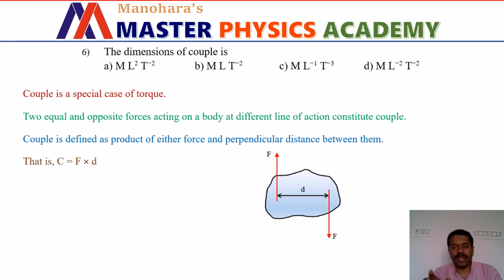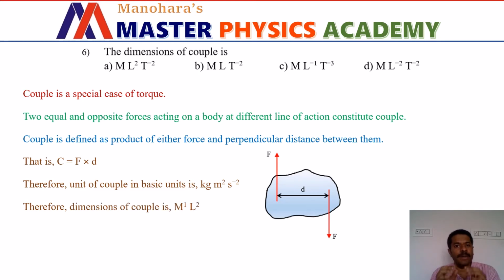According to this, the formula becomes force into distance. Now, the unit of couple in terms of basic units is kg meter square per second square. Hence, the dimensions of couple becomes mass to the power 1, length to the power 2 and time to the power minus 2. Option A is the right choice.